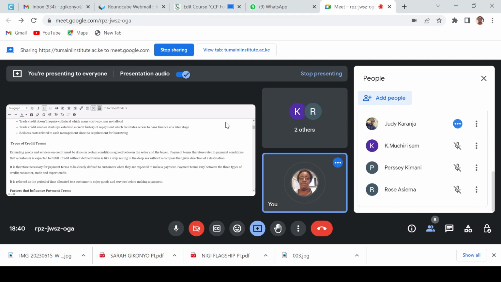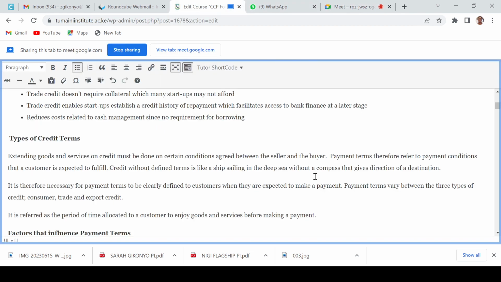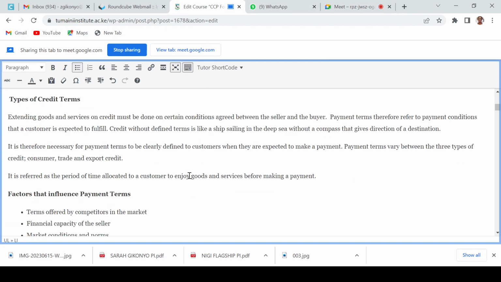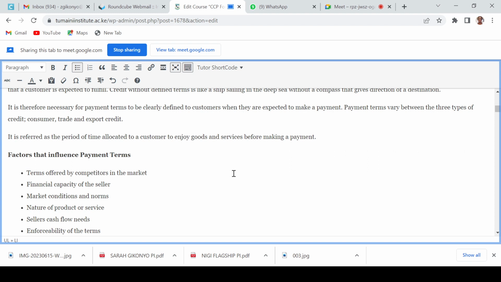Welcome then. So we are talking about trade credit. What factors do I have in place? Factors that influence, or factors to consider. It is terms. You also look at what the industry is offering. Take Bidco and Unilever, who sell similar items.